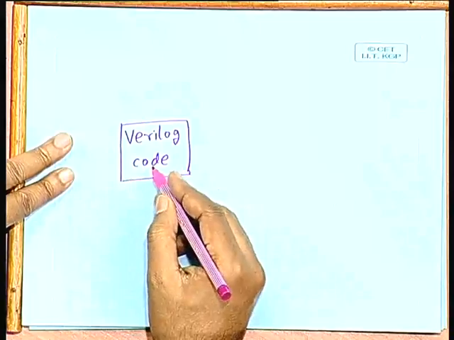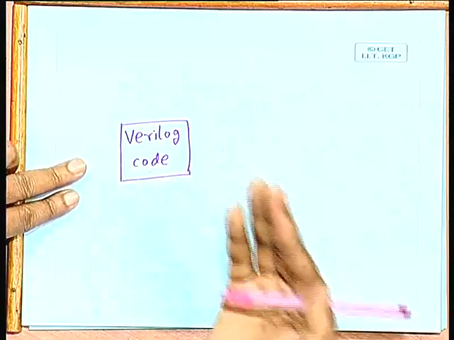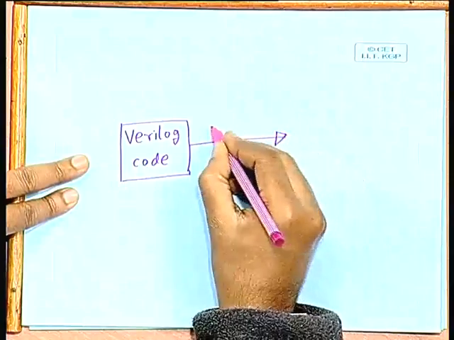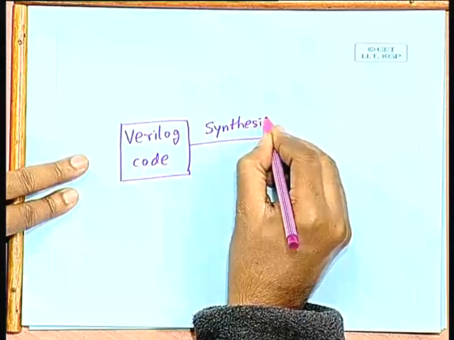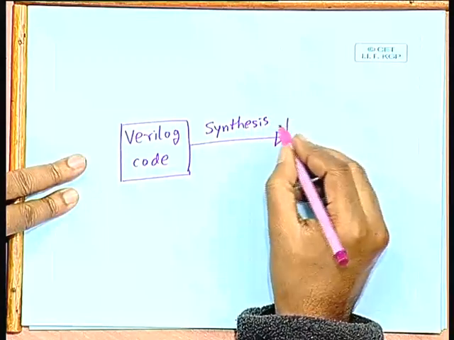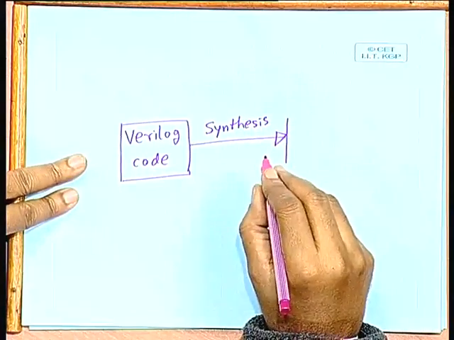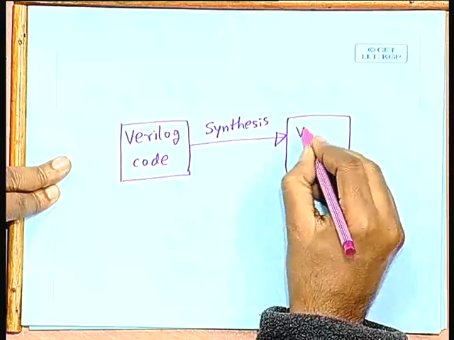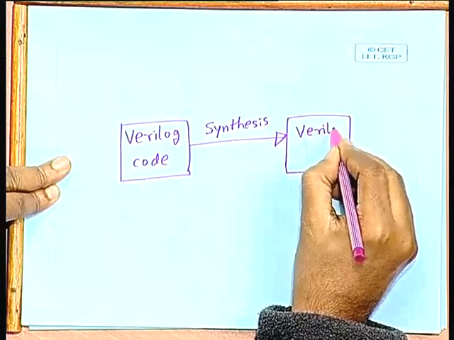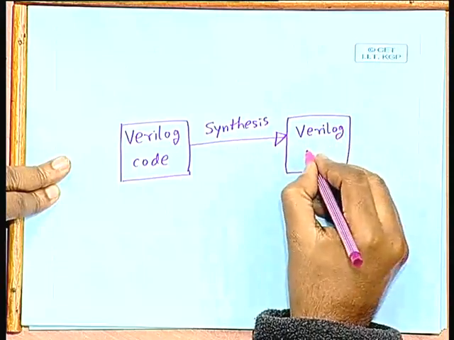This Verilog code can be written at the behavioral level also, at a high level. Then possibly you are using the synthesizer, you are carrying out synthesis to get a lower level description, maybe a gate level netlist. This can also be a Verilog code, because after synthesis the synthesizer can also generate the synthesized netlist in terms of Verilog.